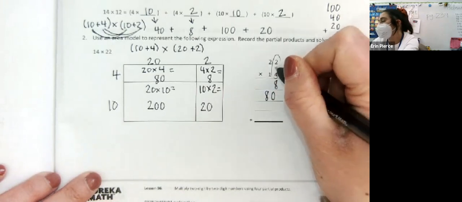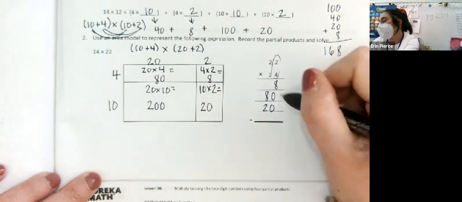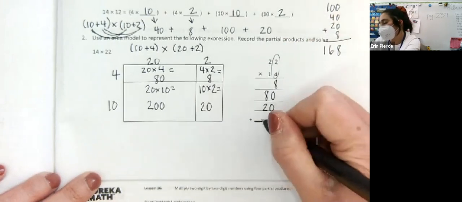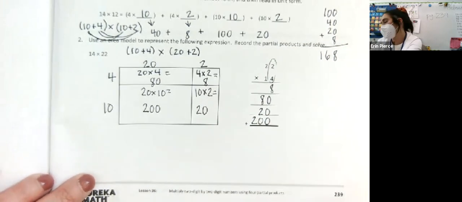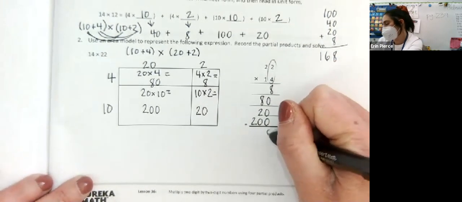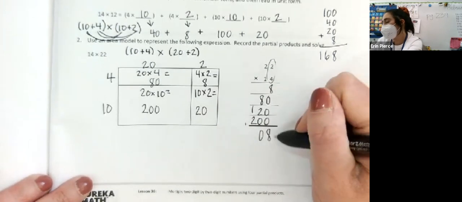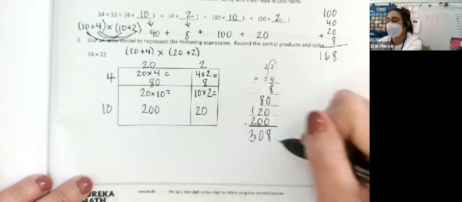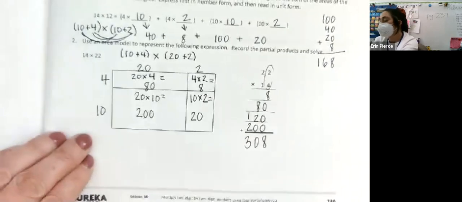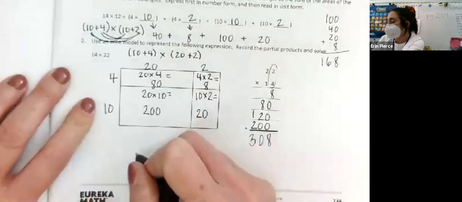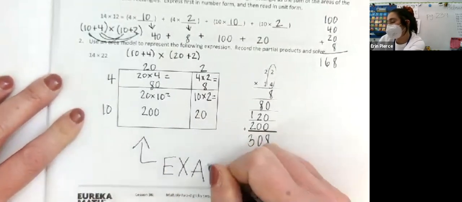Whoa, whoa, whoa. 10 times 2, 20. 10 times 20, 200. All right, now I'm adding 8 plus 0, 8 plus 2, 1 plus 2, 308.